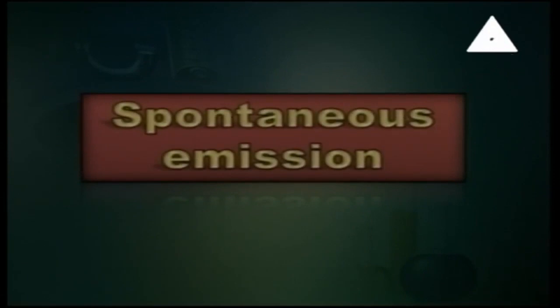The first type, as I said, is spontaneous emission. In front of you, okay, we'll focus on spontaneous emission. Here we've got an atom in which the electron is found in the ground state. And we've got a certain photon, an incident photon, having a certain energy, which is the difference between E1 and E2.